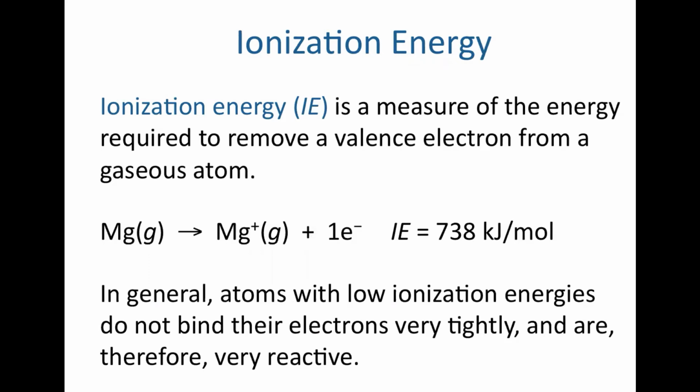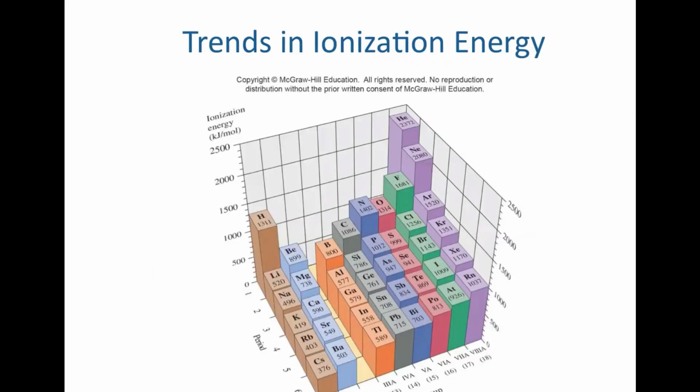And that follows that same trend. So if you can see this graph, this is showing ionization energy, right? Cesium has the lowest ionization energy on the periodic table. Helium has the highest, right? Because it's the atom that is the most up and to the right. So again, as I go up the periodic table, there's fewer shells.